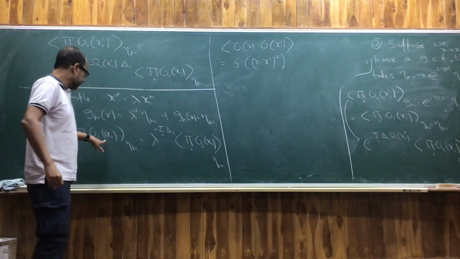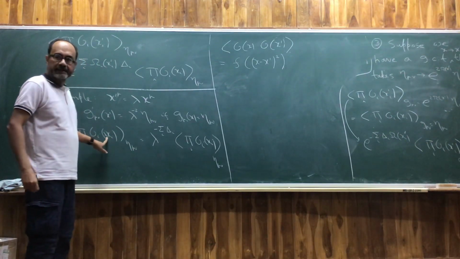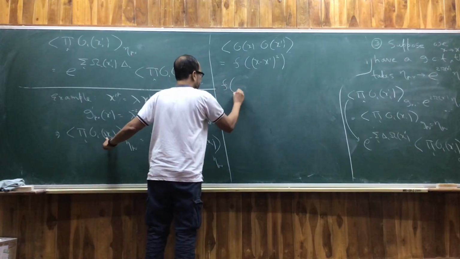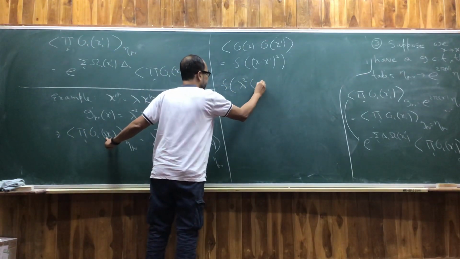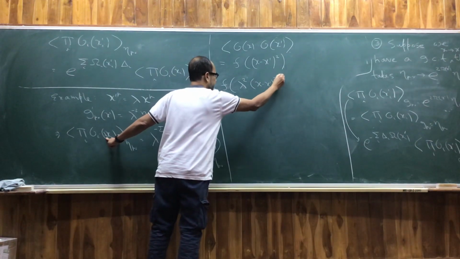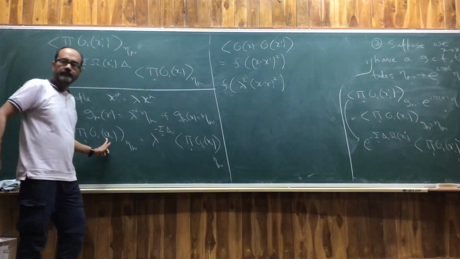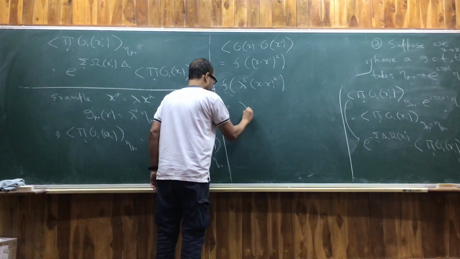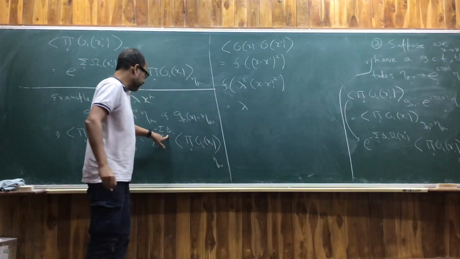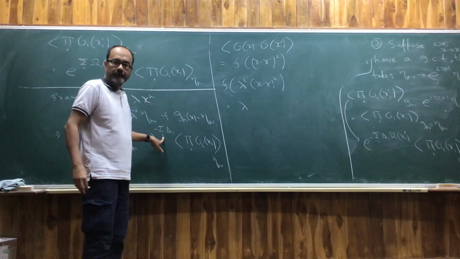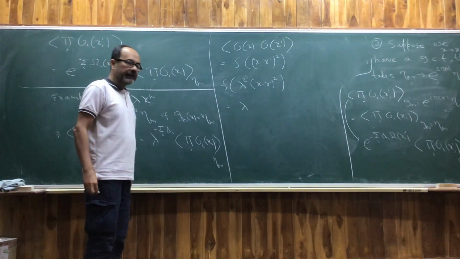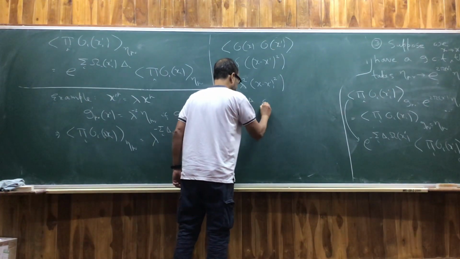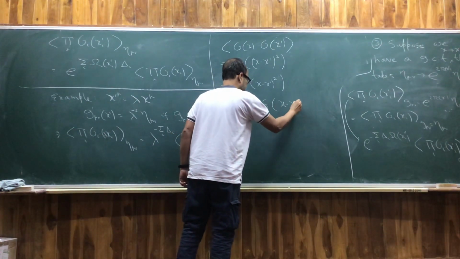If we replace x by lambda x, that means if we write f of lambda square times (x minus x prime) square, this must be equal to lambda to the power minus delta I, where I runs over 1 and 2. Same operators, so delta plus delta, so lambda to the power minus 2 delta times f of (x minus x prime) square.